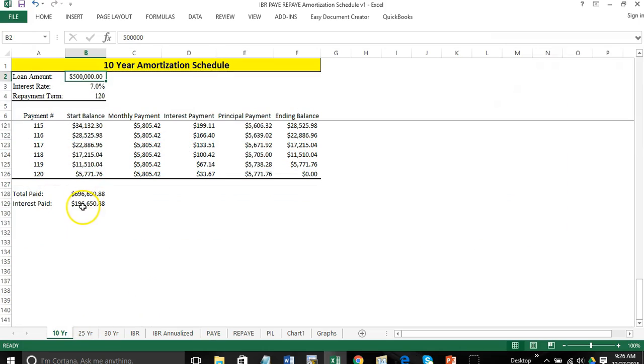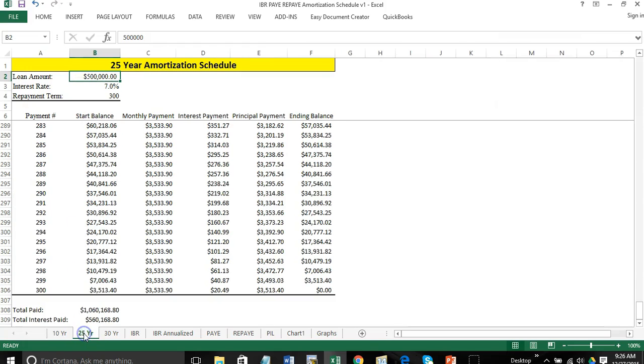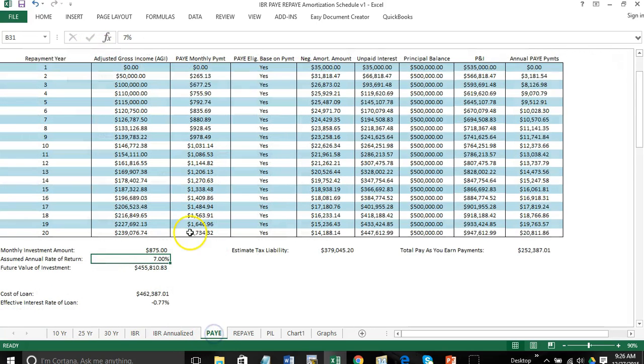On a 10-year, you're looking at about $700,000, over $250,000 more in a 10-year, and over $1 million in a 25-year. So if you have the option of going into Pay As You Earn, but given there are restrictions as to who can participate, it's probably the most advantageous repayment option.